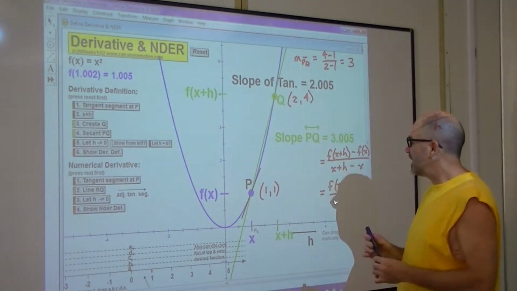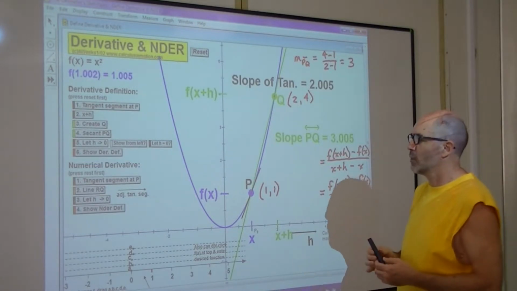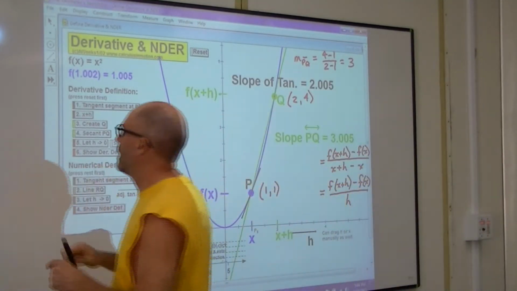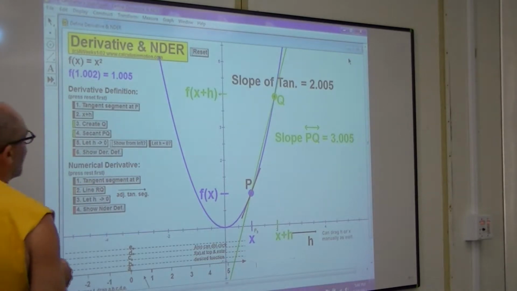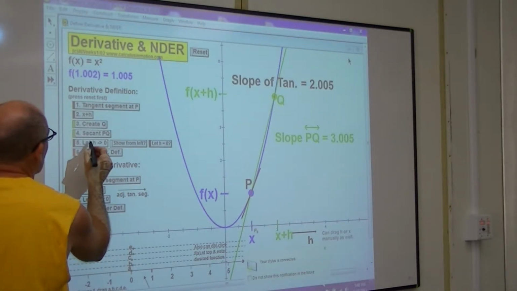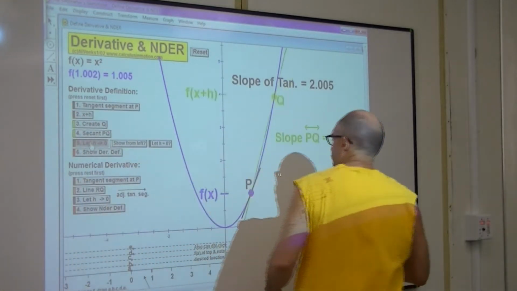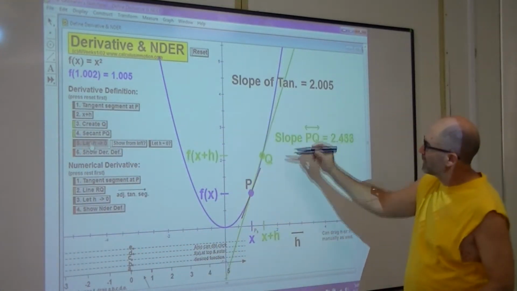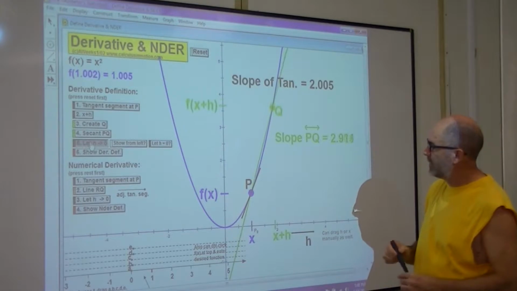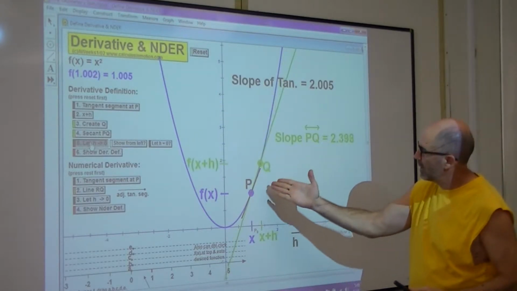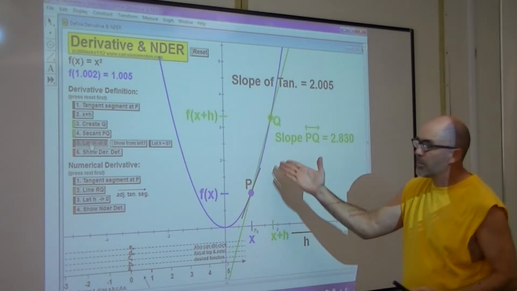We're letting h approach 0. Okay, so watch what happens. As h approaches 0, notice the slope of the green line is approaching the slope of the black line.